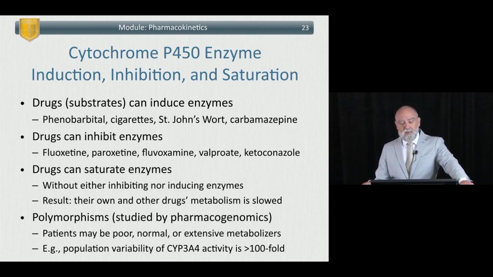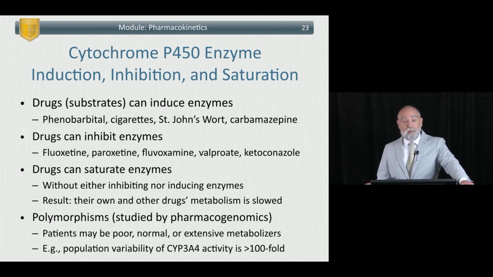Now, the CYP450 enzymes obviously interact with the substrates, with the drugs and other chemicals, and they can be induced, they could be inhibited, or they could be saturated. So some drugs are inducers. They can induce some of the enzymes.